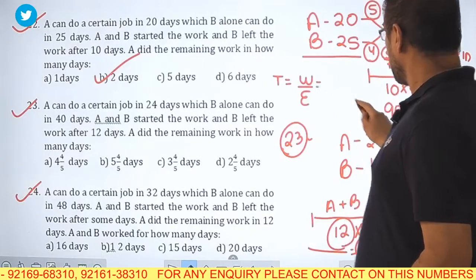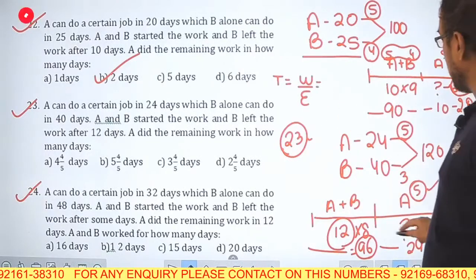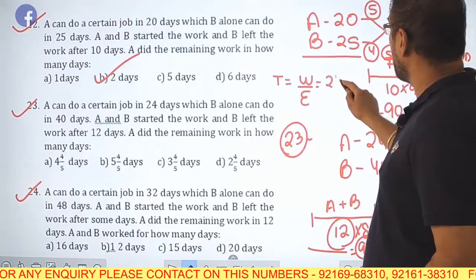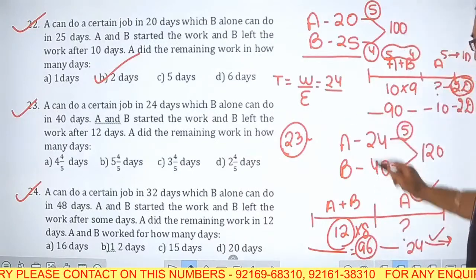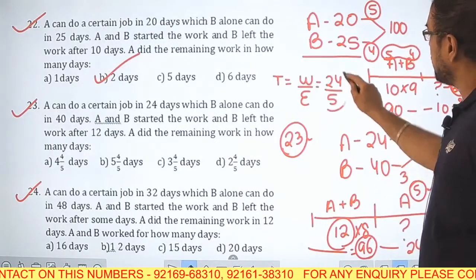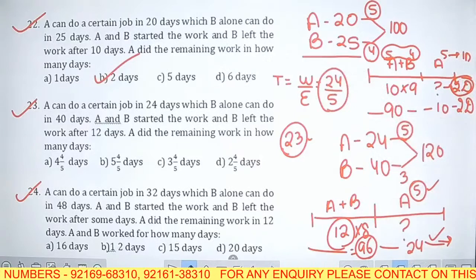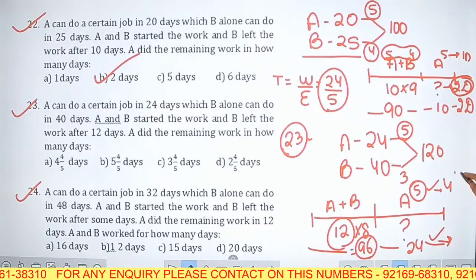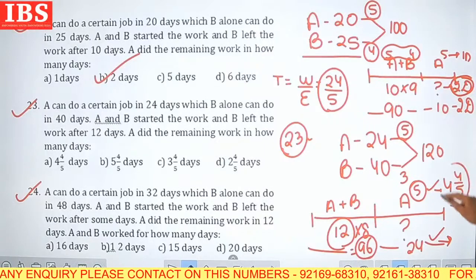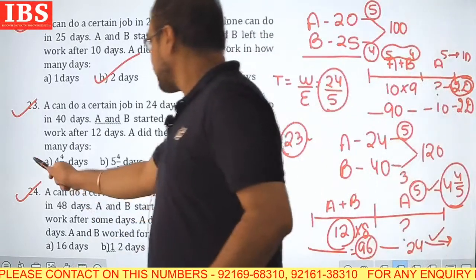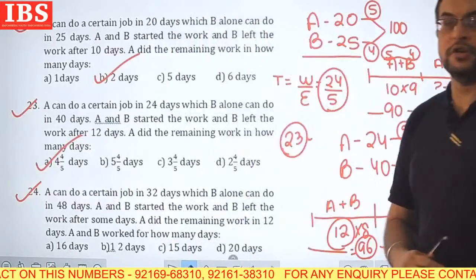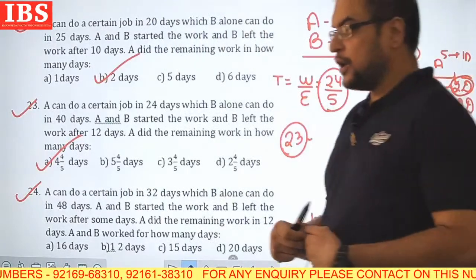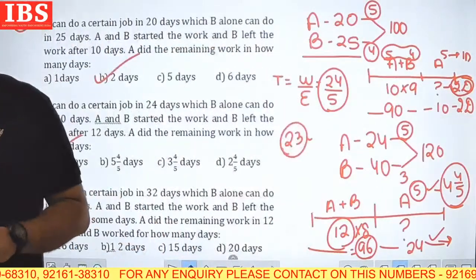So work given to A is 24 and his efficiency is 5. So he will take 24 upon 5, which is 4 by 5 days. So option A is the right answer.